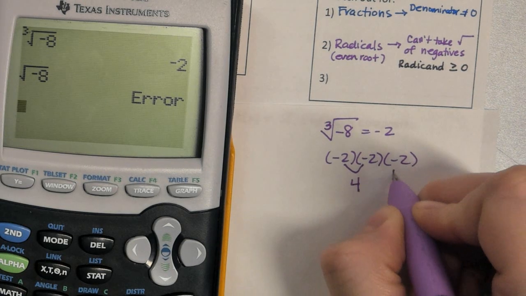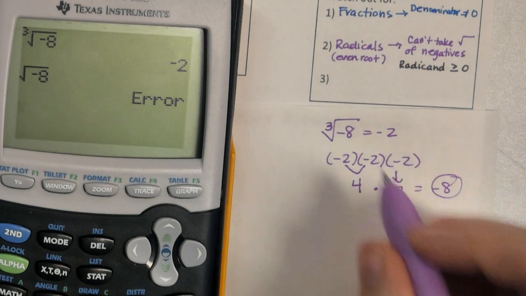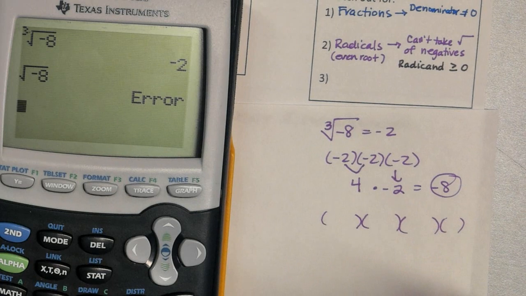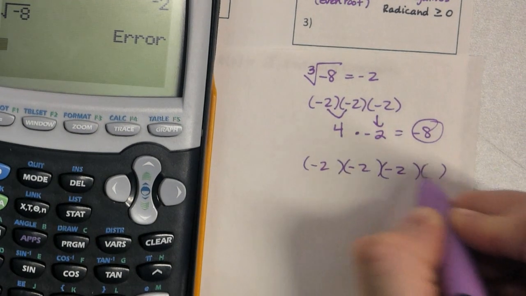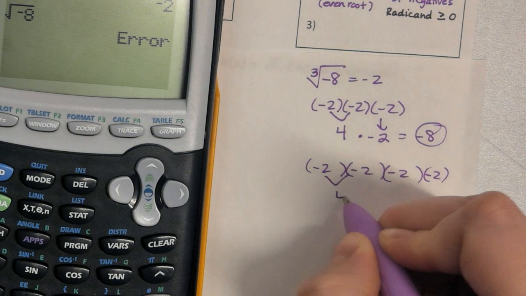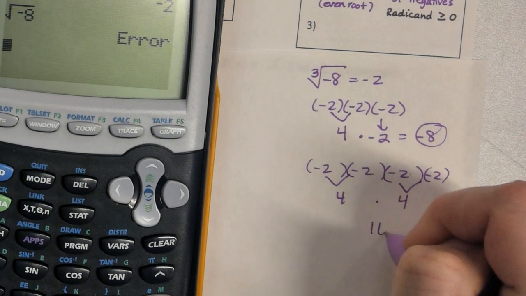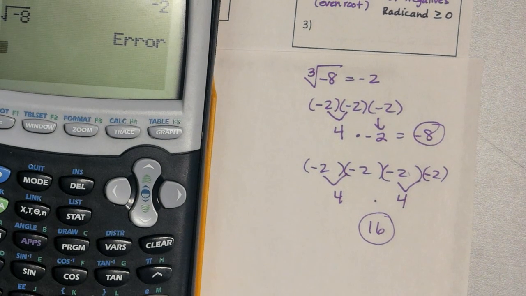Positive. But then see how I'd have to multiply it by -2? It ends up negative. Is that ever going to happen if I have an even number? No, because if I have an even number of negatives, I have a negative times a negative, which is positive, and then I have another negative times a negative, which is positive. So then it ends up being positive.